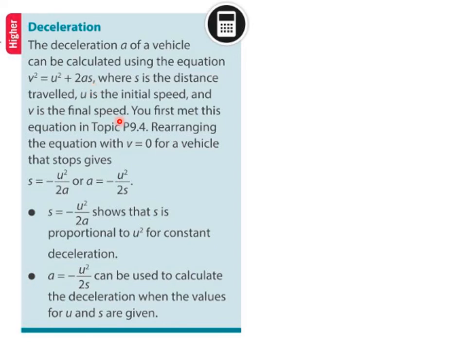So therefore, the final velocity is going to equal 0, so 0 squared is 0, and that takes all of this out. So if we want to work out the distance, then we need to do u squared divided by 2a, and we need to note there that a, the acceleration, will be negative because it's a deceleration. And for the acceleration, it will be u squared divided by 2s.